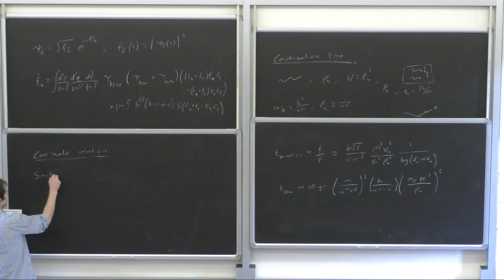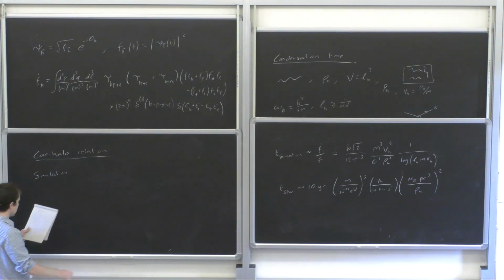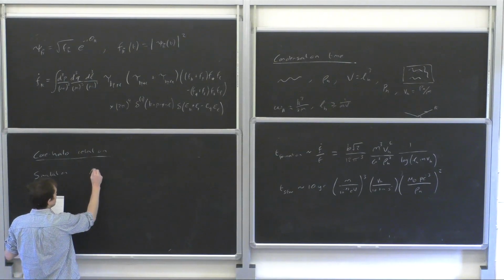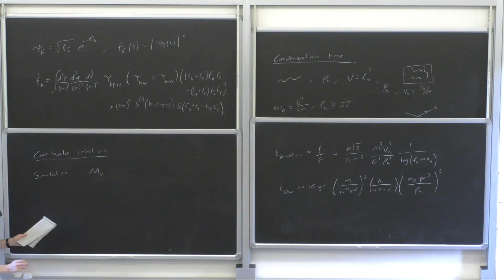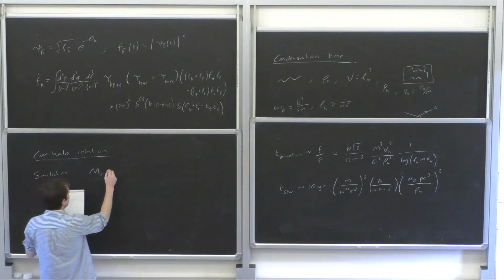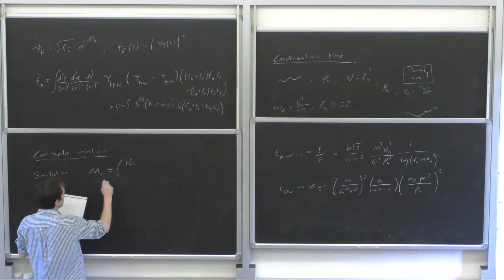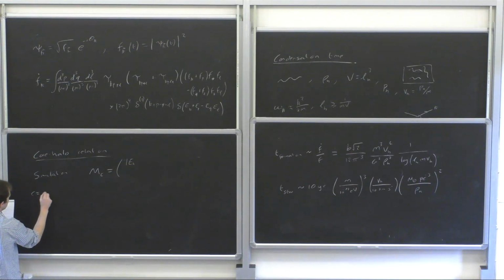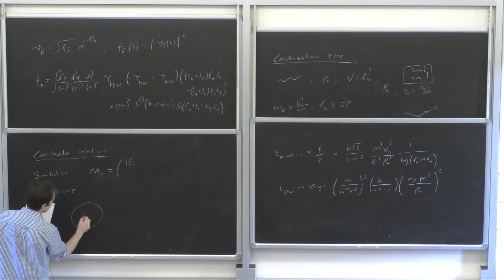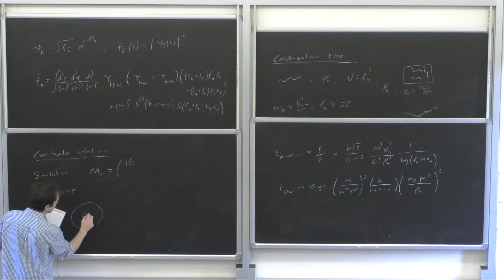So let me just tell you what was proposed from looking at simulation results, and then I'll give some better justification for it. From numerical simulations, people claimed that the mass of the axion star in the core of a given dark matter halo was given by the absolute value of the energy of the star at the core over, here, so the picture is I have my large galaxy, and inside at the center I have some axion star at the core.